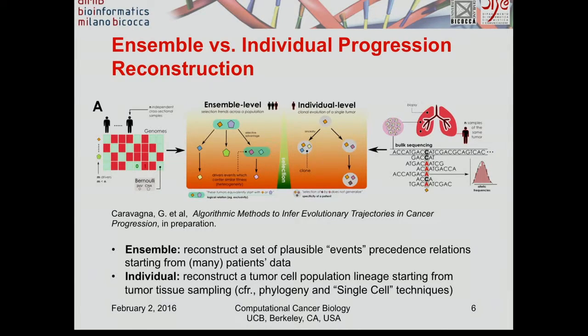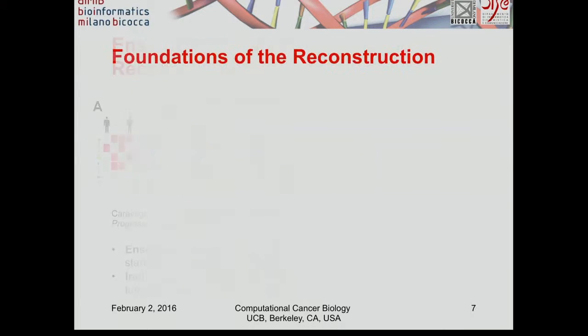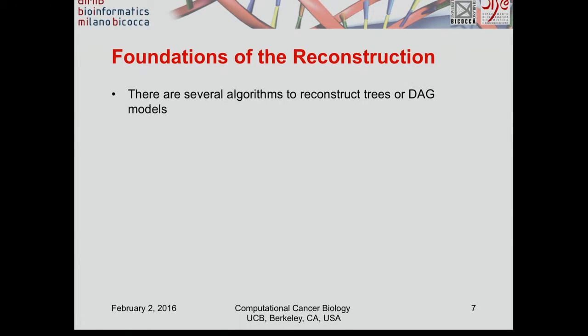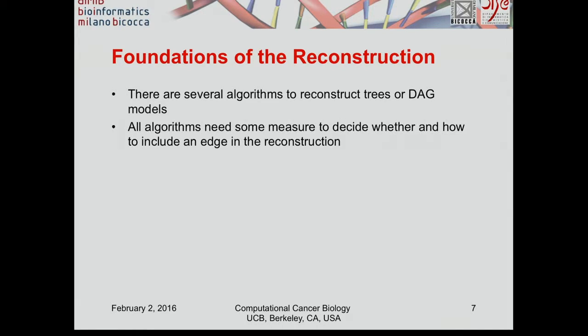The main work that we've done is on ensemble reconstruction, and the ensemble reconstruction that we came up with is basically a Bayesian network learning scheme, but it's based on a particular kind of score. Let me just tell you that there are several algorithms, many of them originally developed here in Berkeley, if I remember.